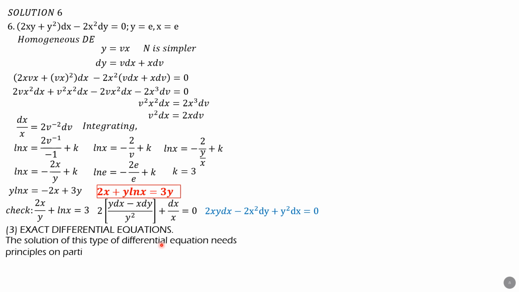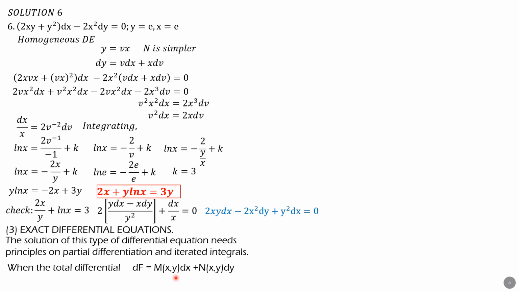So when the total differential of f is equal to m function of xy dx plus n function of xy dy, the standard form of differential equation, then that means m function of xy dx plus n function of xy dy equals 0. So it is said to be an exact differential equation.